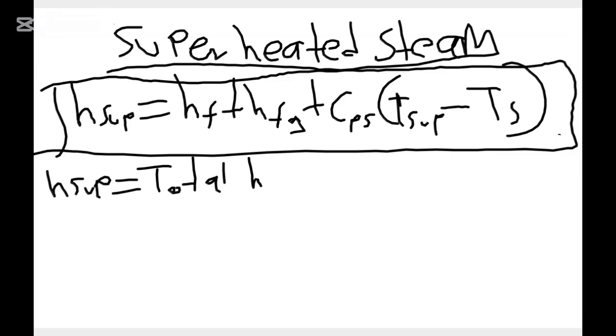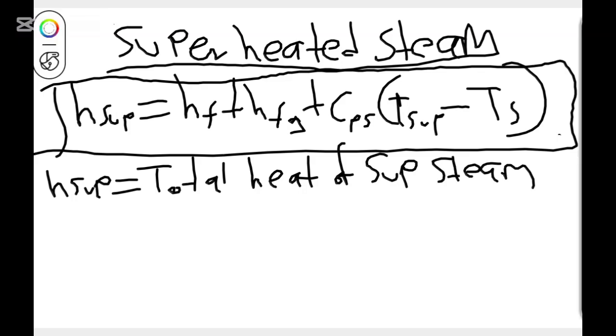The total heat of superheated steam. And the CPS is the same thing as the specific heat of superheated steam.